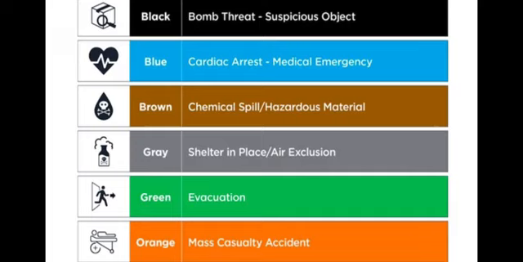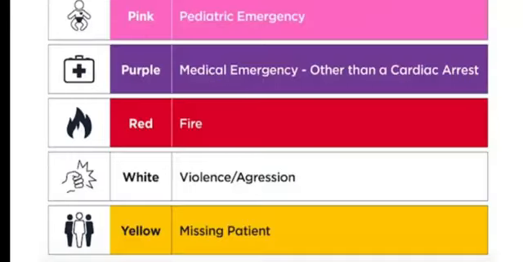Black is the searching sign, when you want to search for something which is missing or suspicious. Sometimes people say a suspicious person came over there, you can search the people, you can search the things like that. So keep in mind, this is most important for your paper and OSCE, so you should know about this in a good hospital. The pink one is pediatric emergency, the peds sign is there.